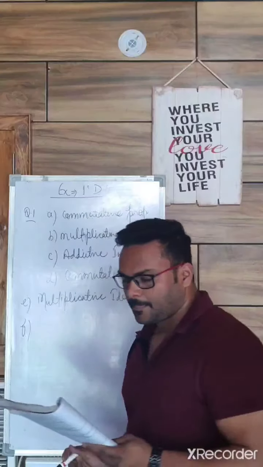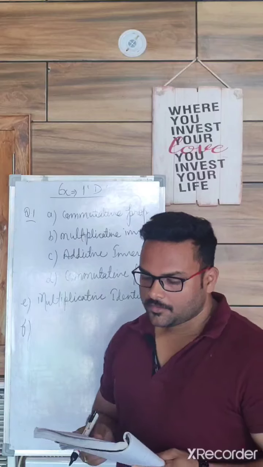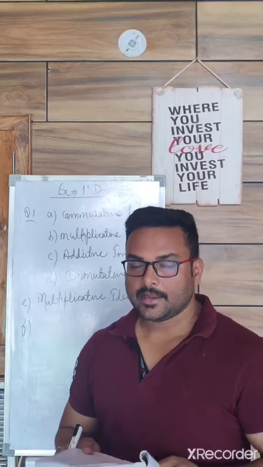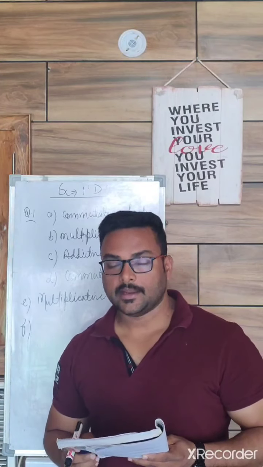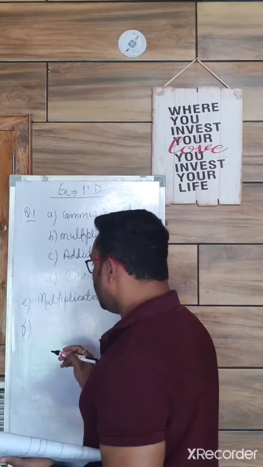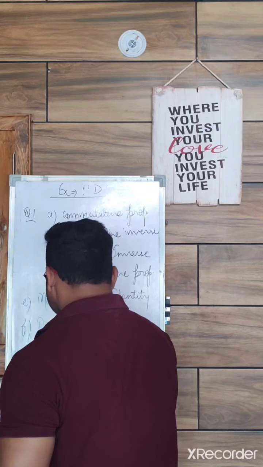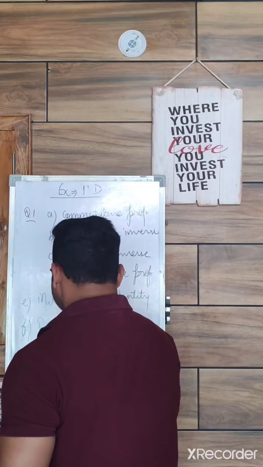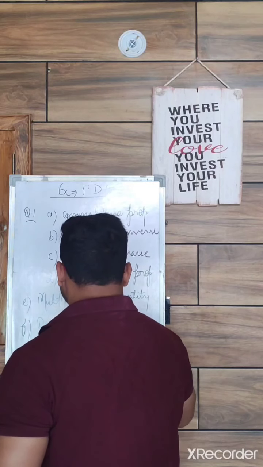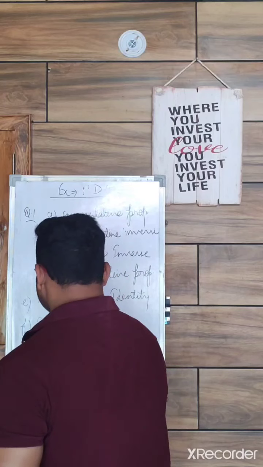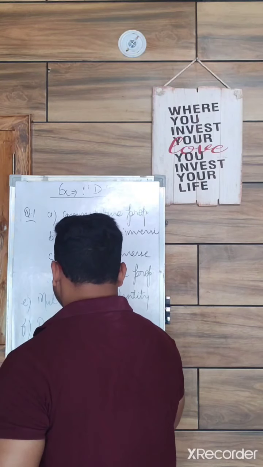F: 5 by 8 into 1 by 2 minus 1 by 3 equals 5 by 8 into 1 by 2 minus 5 by 8 into 1 by 3. So it is distributive property over subtraction.